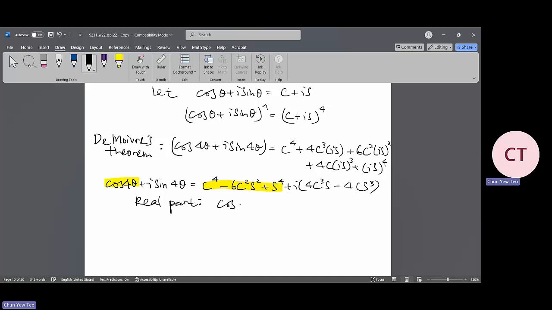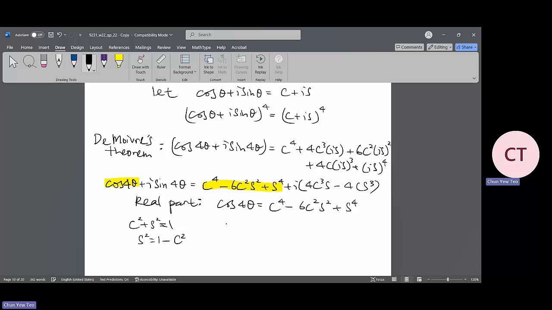So cos 4 theta is equal to C to the power 4 minus 6C squared S squared plus S to the power 4. We know that C squared plus S squared is equal to 1, because C represents cos and S represents sine. So S squared is equal to 1 minus C squared.